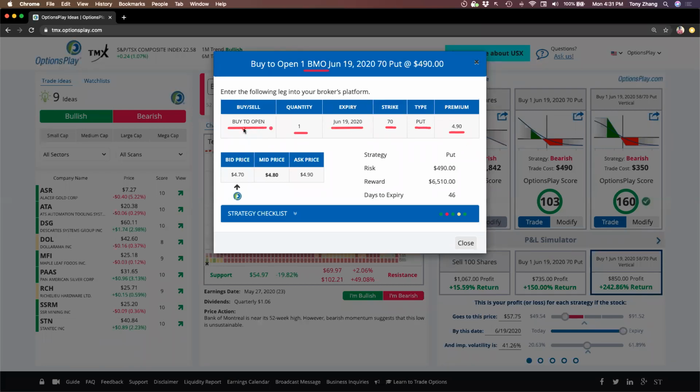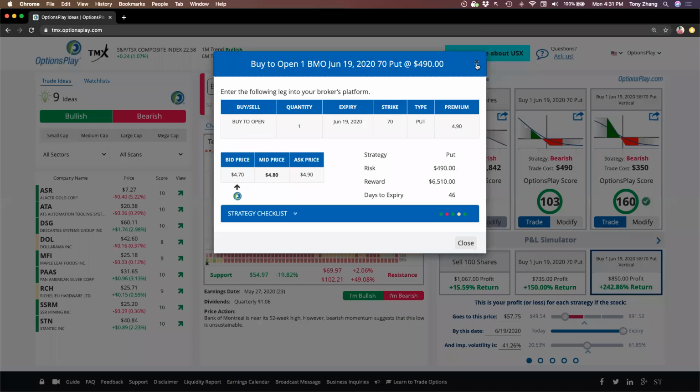You could potentially flip buy to sell, or maybe to close instead of to open, or maybe get the wrong expiration date or the wrong strike price or the wrong call or put or the wrong premium. That has happened to traders. So it's important that you have a tool like Options Play that guides you to exactly each one of those parameters and makes sure that you are entering those correctly.